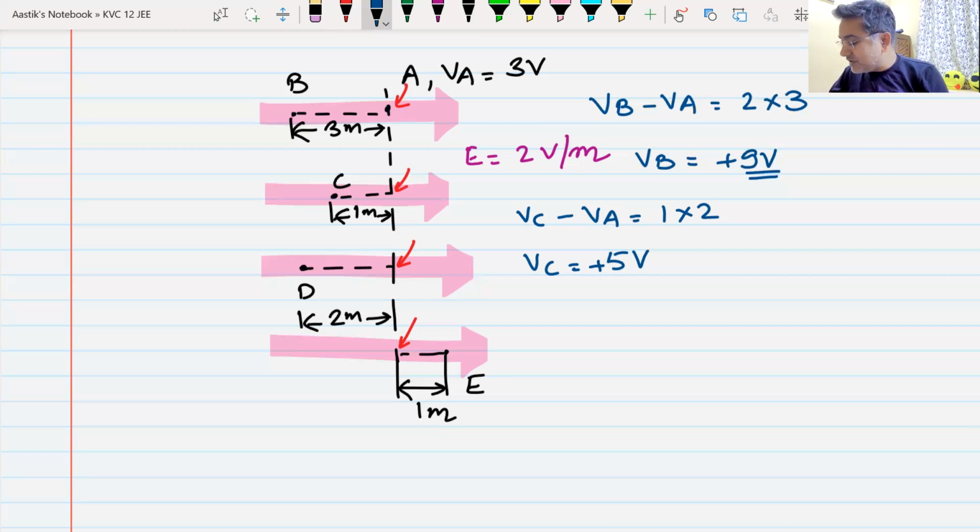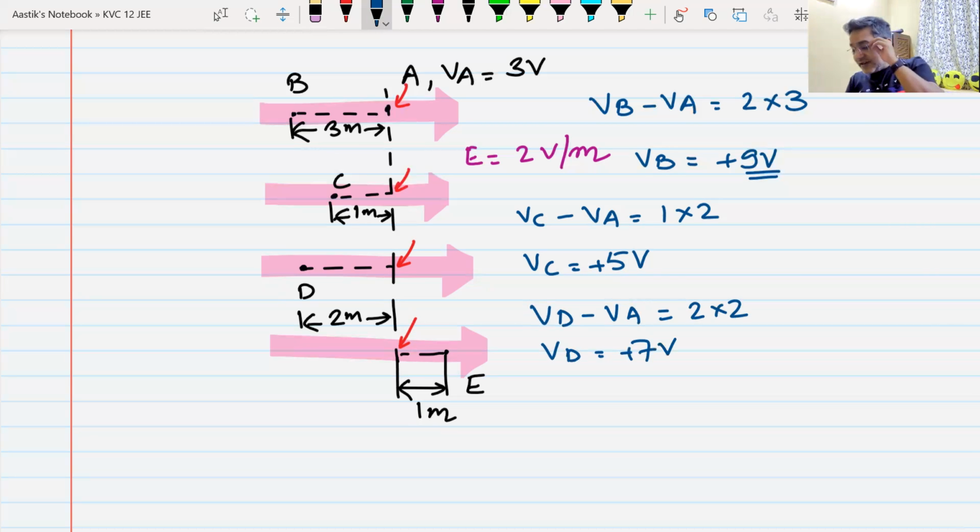Which point is at a higher potential, D or A? VD minus VA will be 2 into 2, 4. So VD becomes plus 7 volt. Which point is at a higher potential, A or E? A, sir.